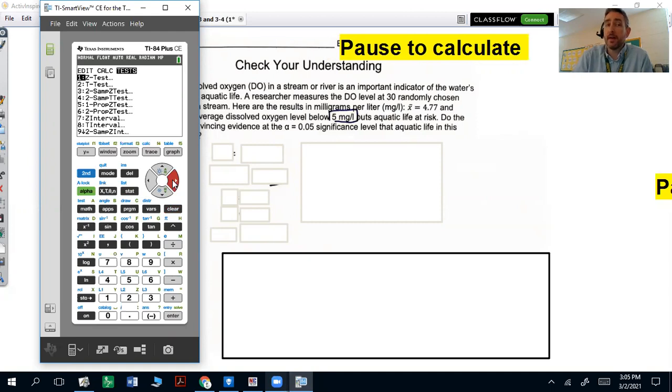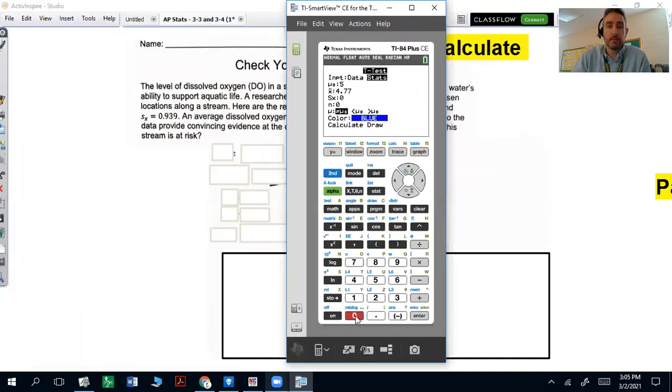All right, you should have identified this as a t-test. There's one sample. We don't have the raw data. We have statistics. So in our statistics, your null is 5. Your sample mean is 4.77. Your sample standard deviation, 0.939.